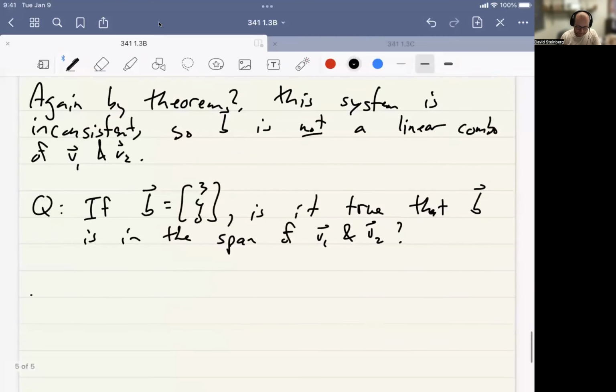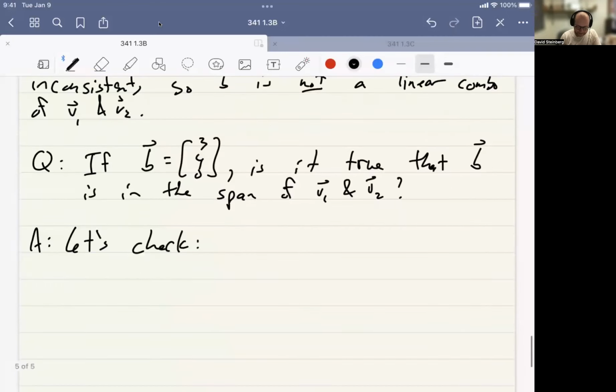So let's check. The associated matrix is still made of V1, V2, and the new version of B, 3, 4, 0.